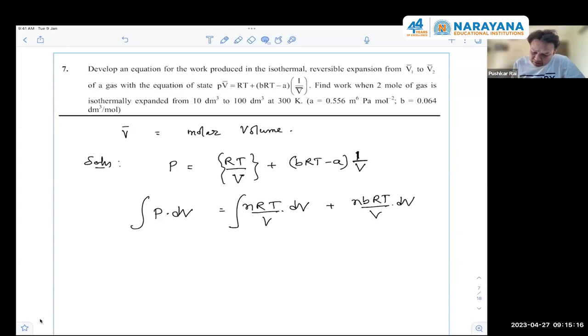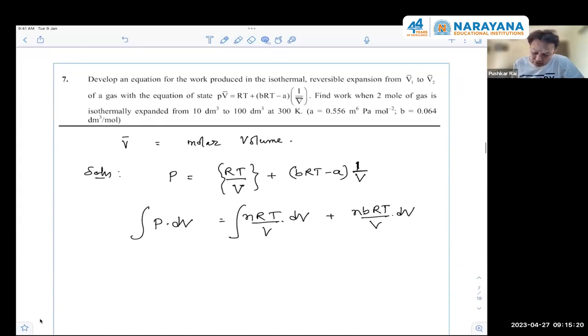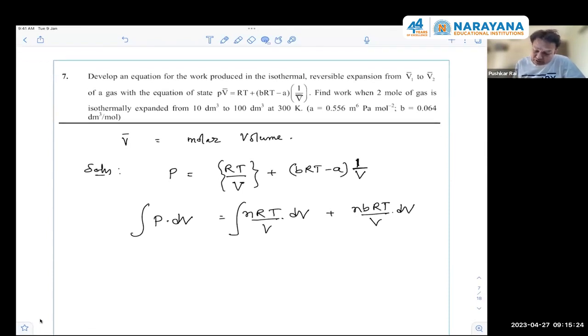No, this is one equation of state, some other equation of state, which is not related to the ideal gas. If you have written a gas with some equation of state, then we should take it that B should have a unit of what? B should have unit of V into RT by V. So here it seems that V should be a unitless number.